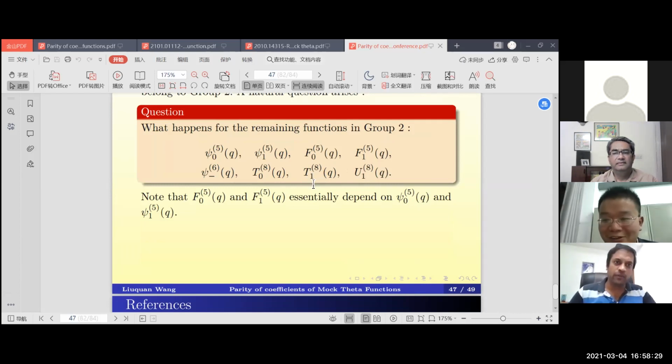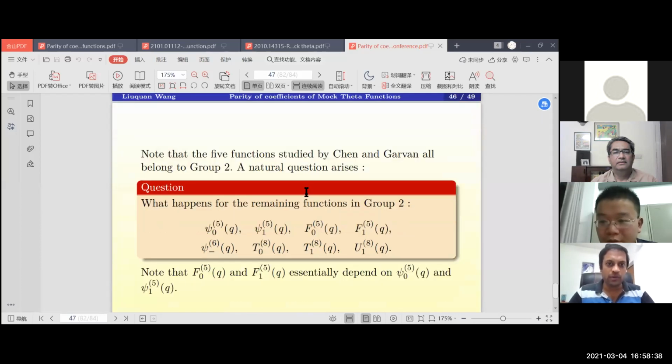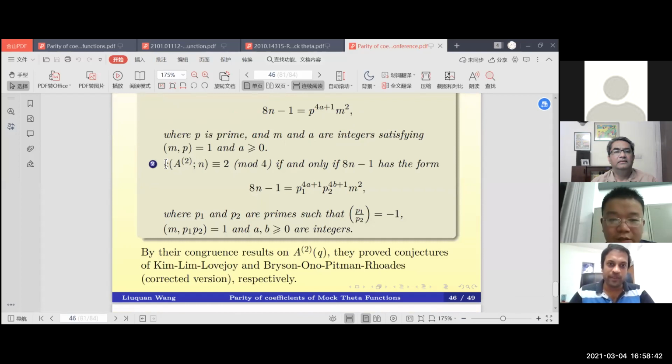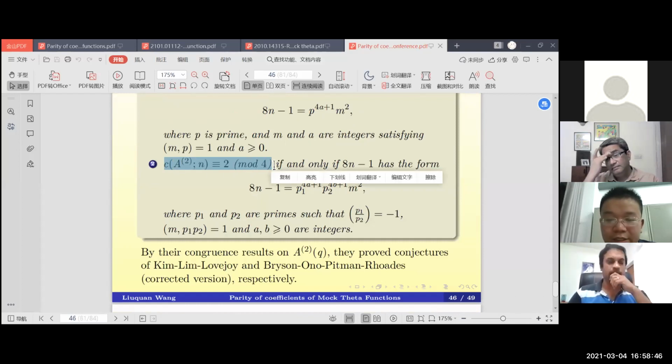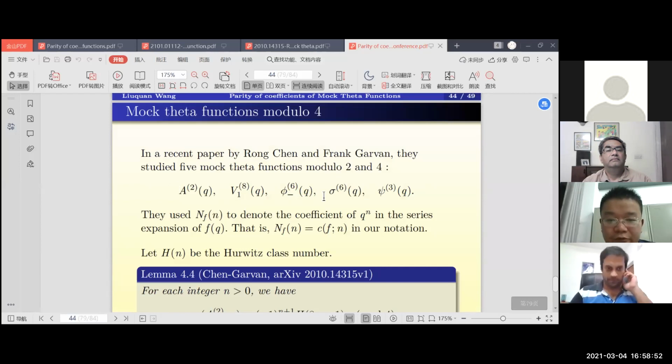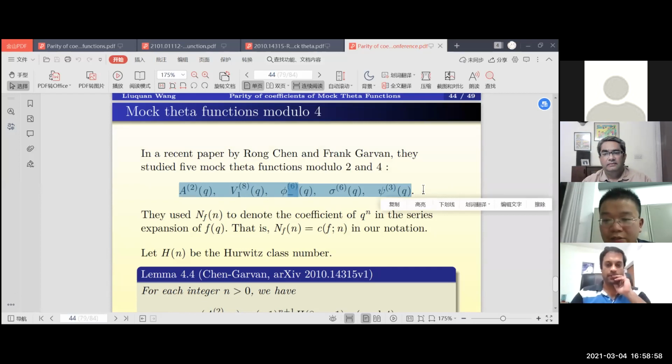They have a lot of mod 4 congruences as well in their paper, if I'm not mistaken. Yeah, they have done mod 4 for 5 functions, including this AQ and the other functions. For these 5 functions, they have similar mod 4 results. But for others, they don't.